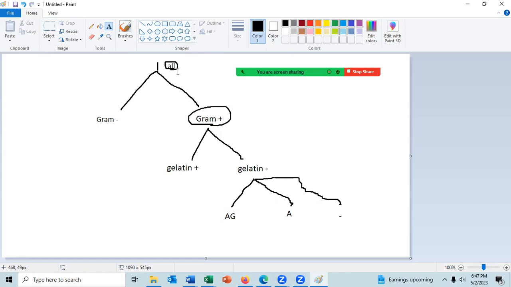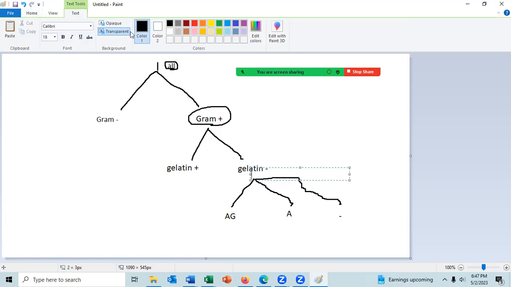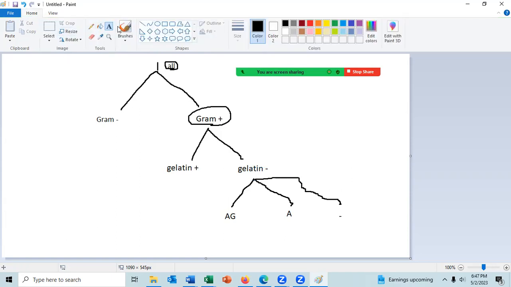So you're following dichotomous logic. You're doing first one test, and actually you're doing the gelatin first, but I've got it graphed this way. Gram positive, then you're doing the gelatin hydrolysis, and it's gelatin hydrolysis negative. And then we'll do the PR lactose, which I don't have up there.